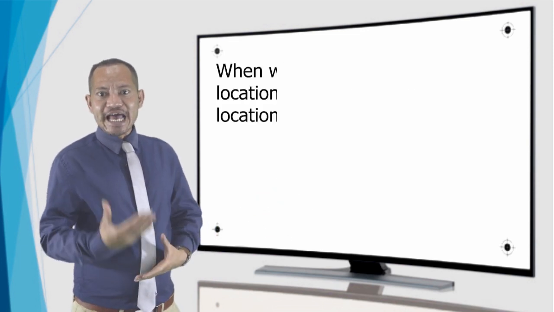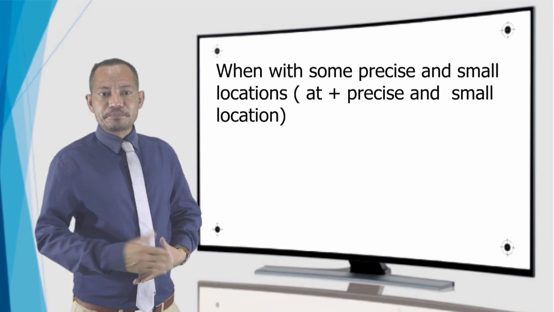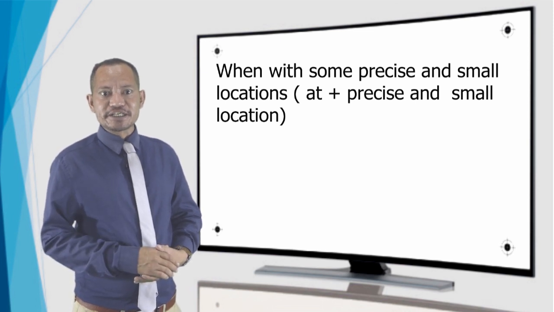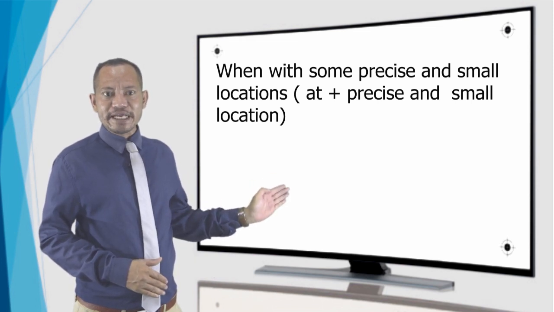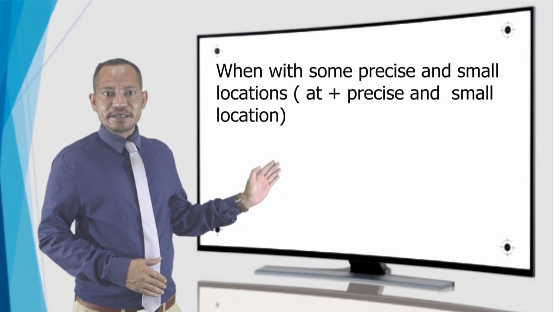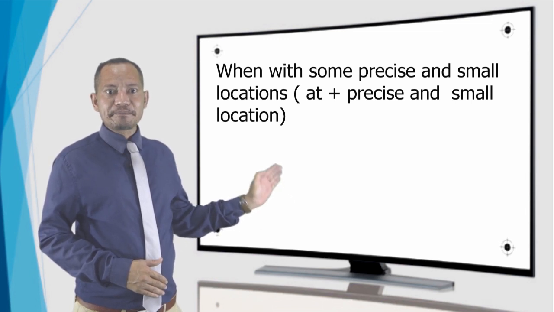We can also use at for some precise and small locations and events. With precise and small locations, we do it this way: at plus precise and small location.